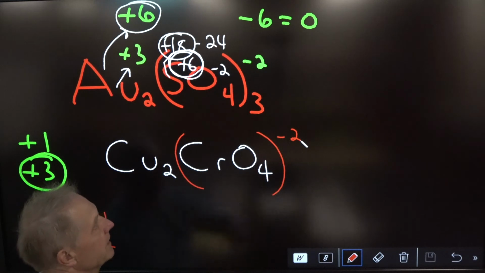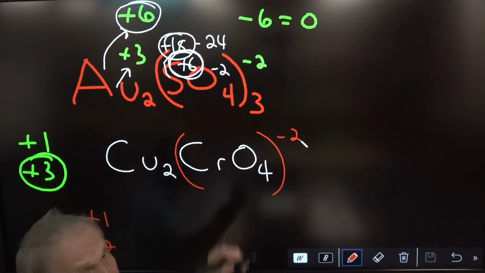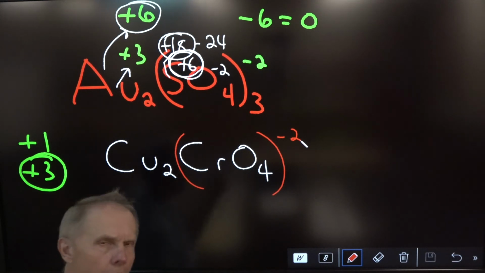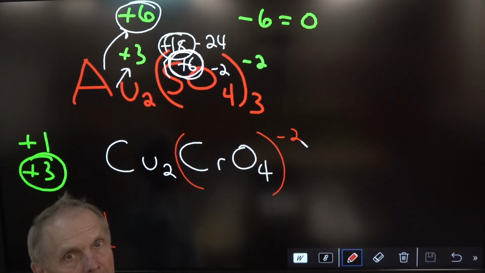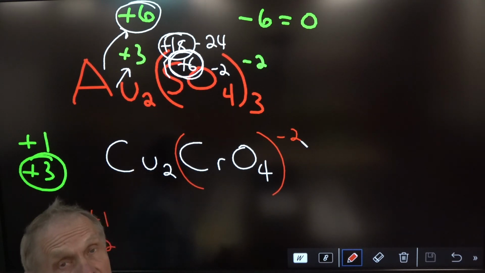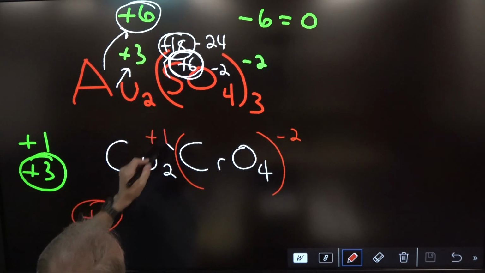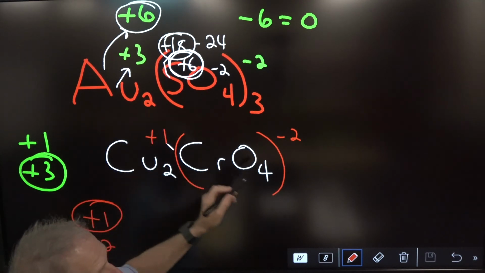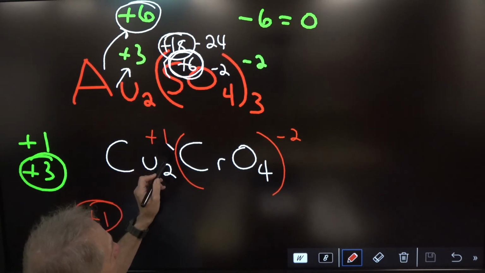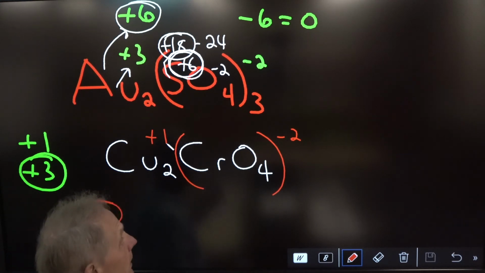So if that's a -2, how do we make copper a +2? We have 2 of them. My students always get this one wrong. Copper is not a +2 because I have 2 coppers. So copper must be this one. Copper must be a +1. So this name would be copper Roman numeral 1 chromate.